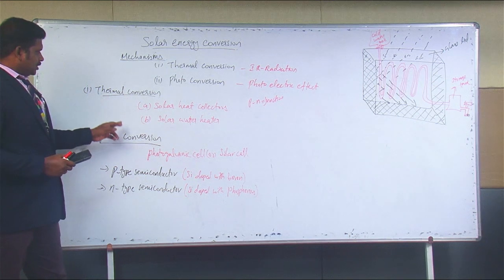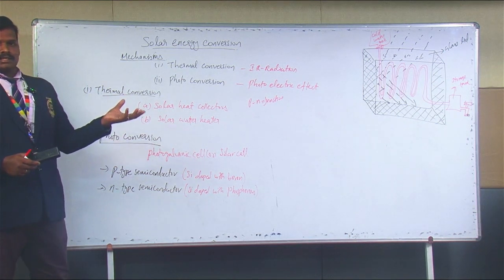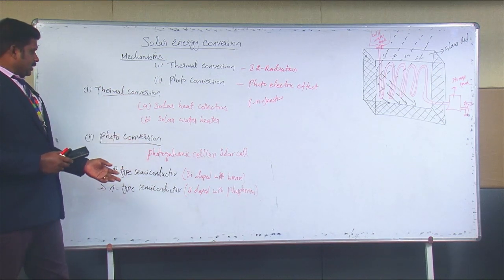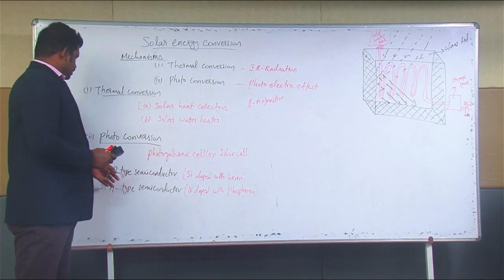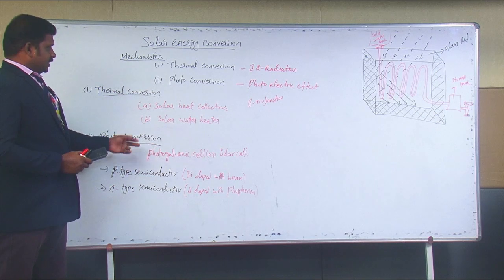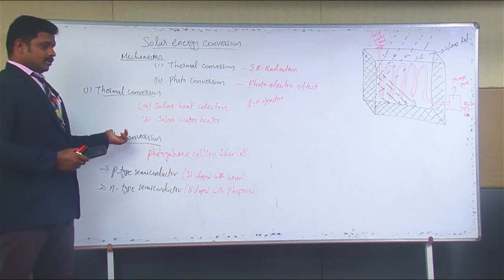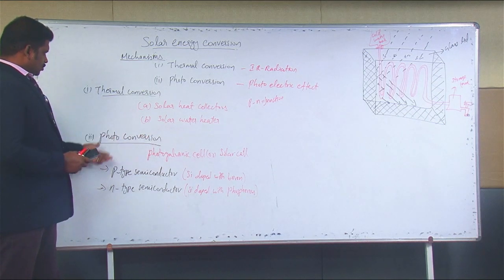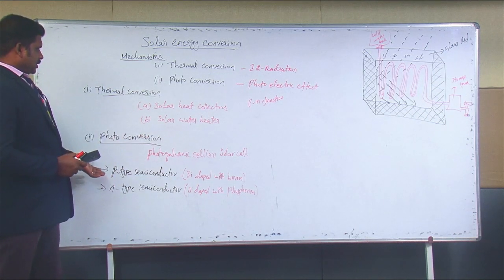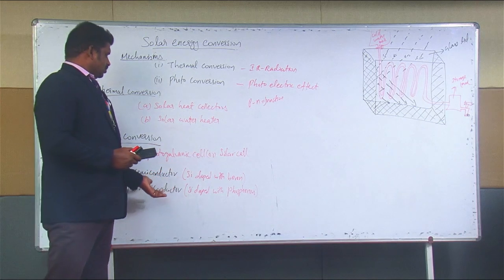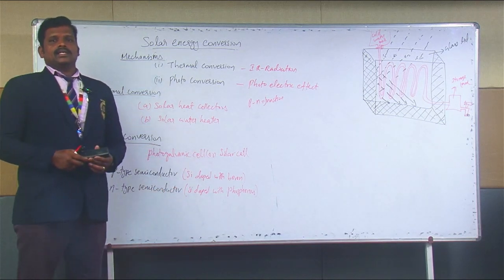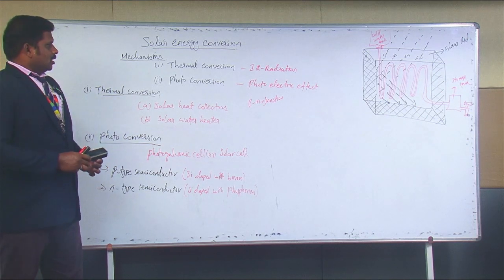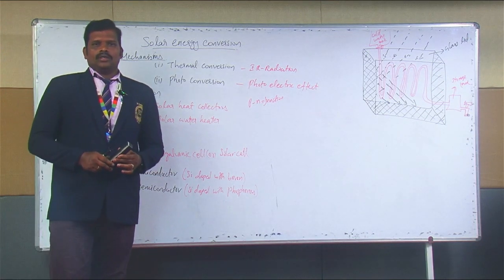Then photo conversion: how light energy is converted into electrical energy by the photoelectric method, and which device is used to convert light energy into electrical energy. There is the photo galvanic cell, the solar cell. Then the construction of solar cells, the materials used in solar cells, and its applications, advantages, and disadvantages. I think this is useful for you all. Thank you.